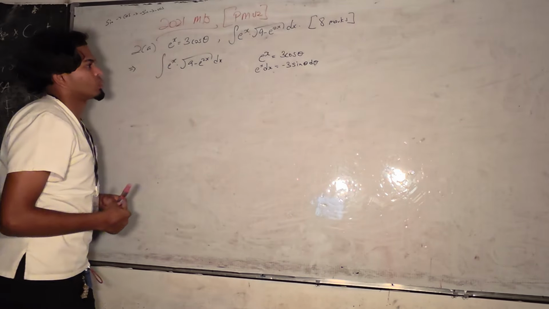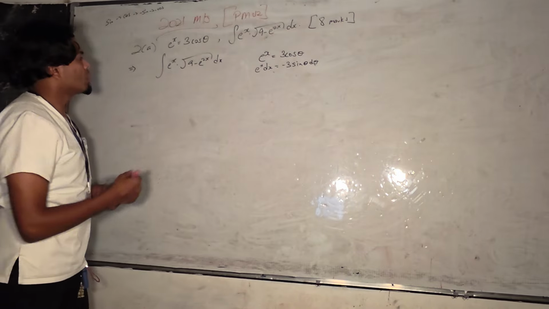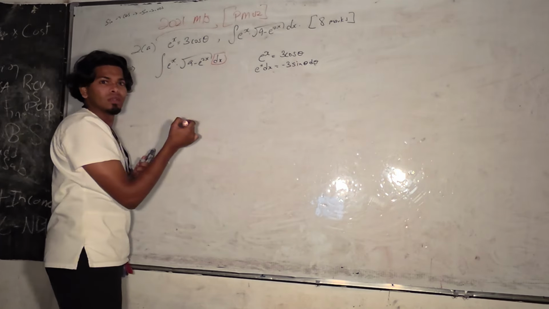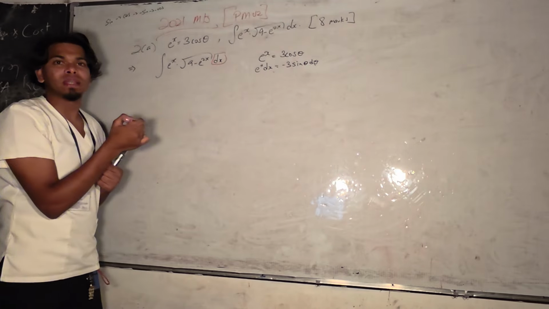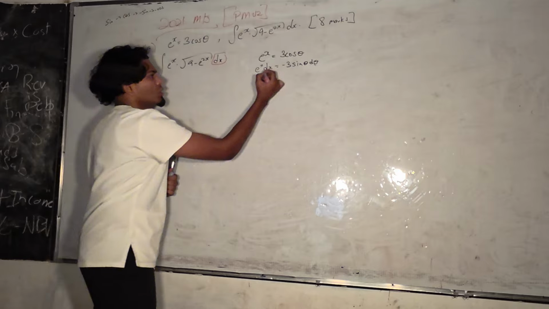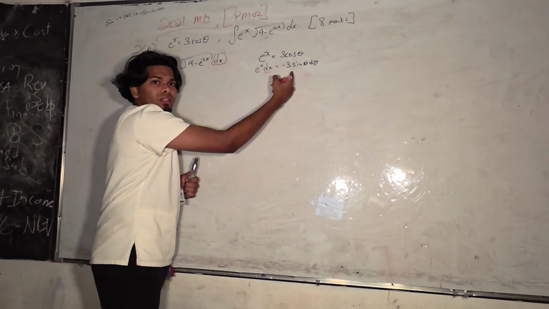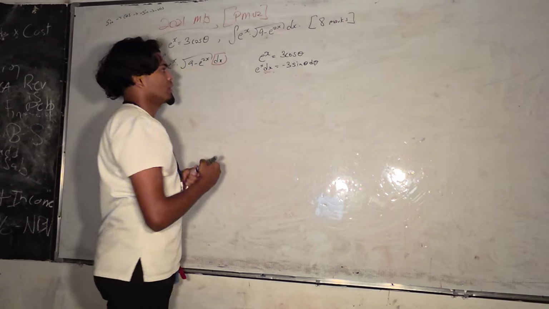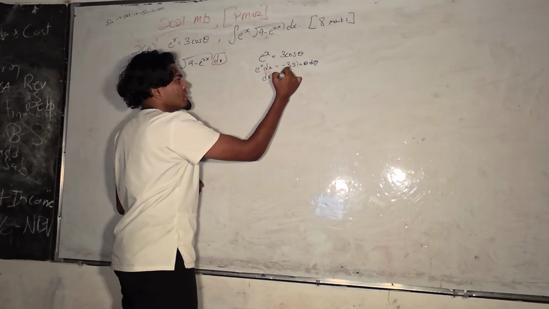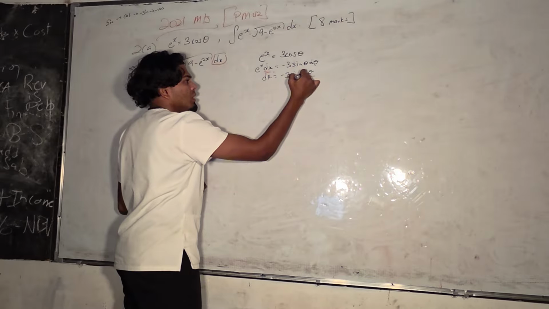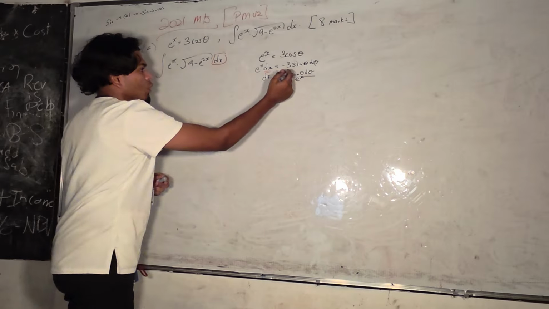Next step: you want to substitute something for dx. This is the goal. The only way to plug in for dx is by finding dx here. Who is next to dx? e to the x, which is currently multiplied, so we divide. So we get dx equals minus 3 sine theta d theta all over e to the x.